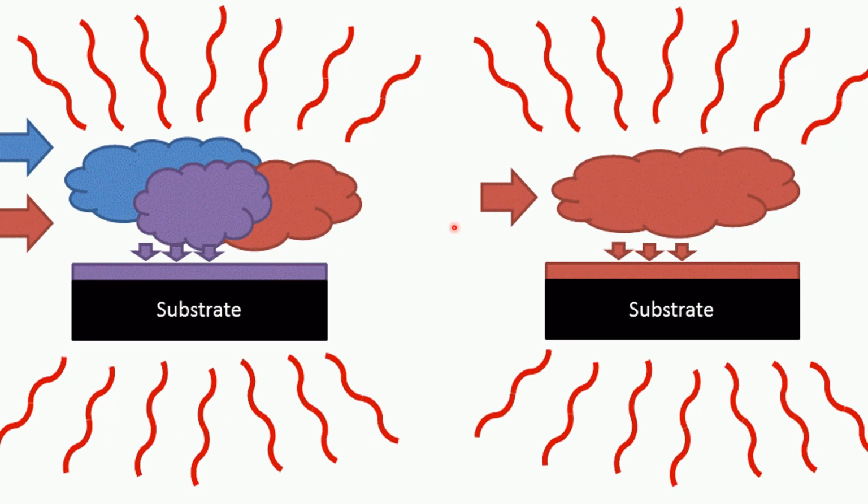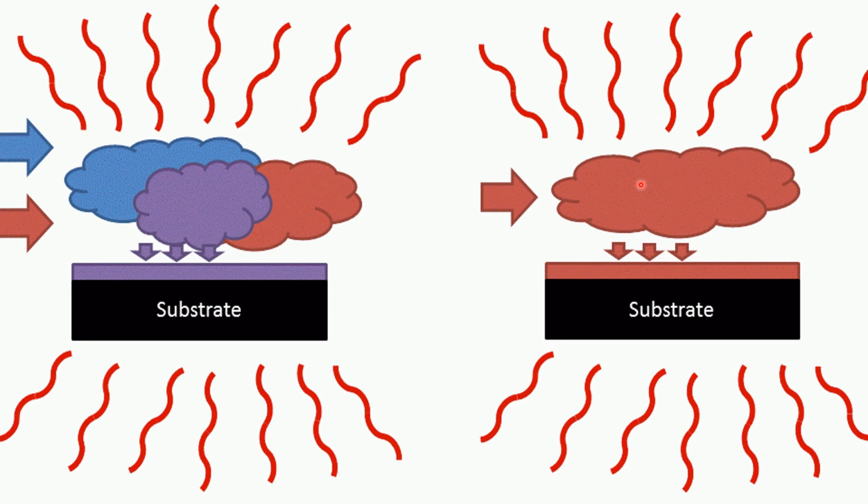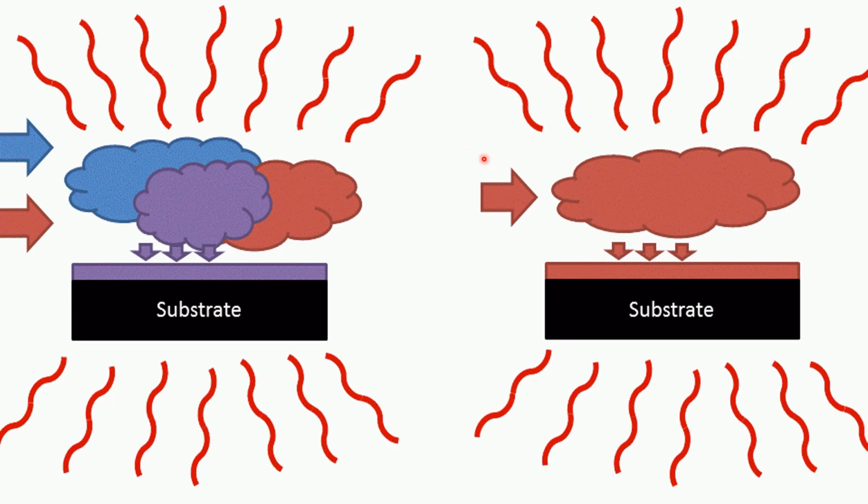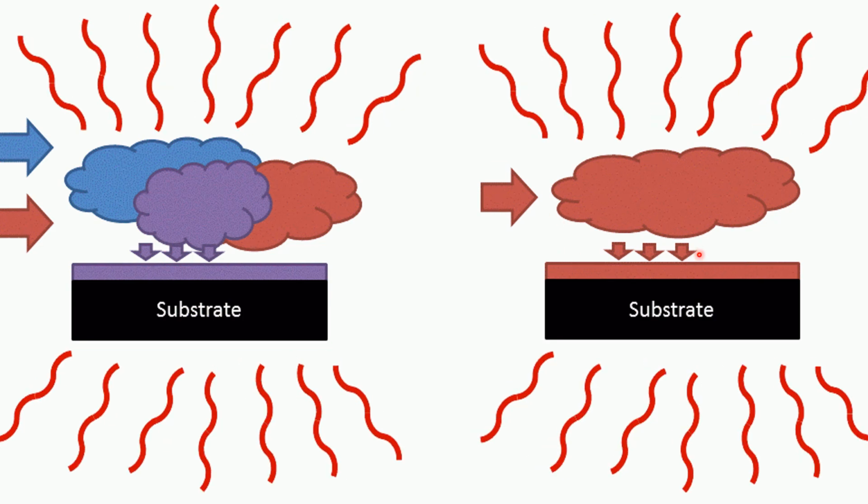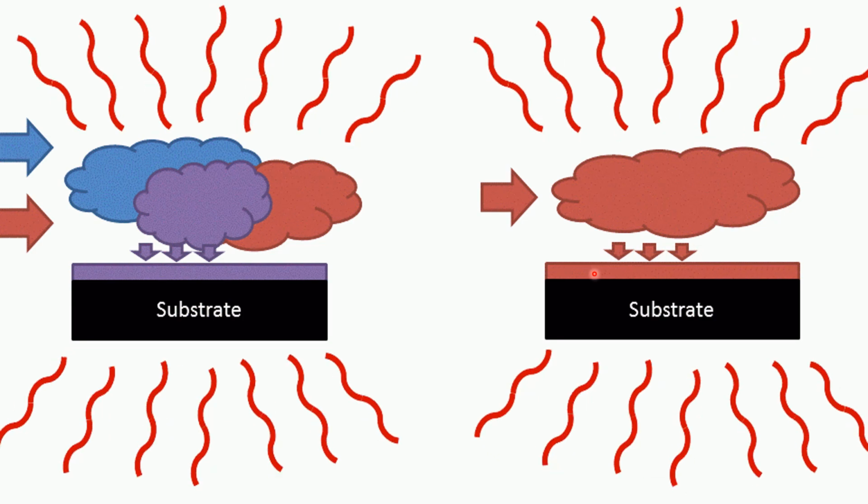Just please note that you can even have a chemical vapor deposition process by introducing a single precursor material onto the surface of the substrate. That single material may react with the surface of the substrate and be converted into a thin film. Okay.